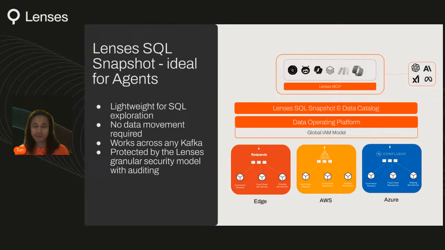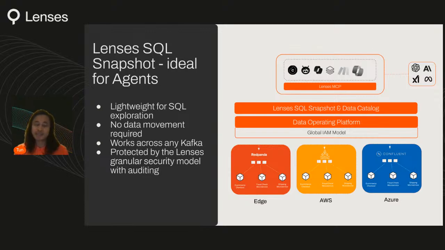So one of the components that Lenses has is the SQL snapshot engine. It's a purpose-built SQL processor that enables you to explore your data in a lightweight manner and to also start building out streaming pipelines. It's really lightweight. It's based on Kafka Streams. It's not based on cluster technology, so you don't have those long warm-up times that you do with some of these cluster frameworks like Flink.